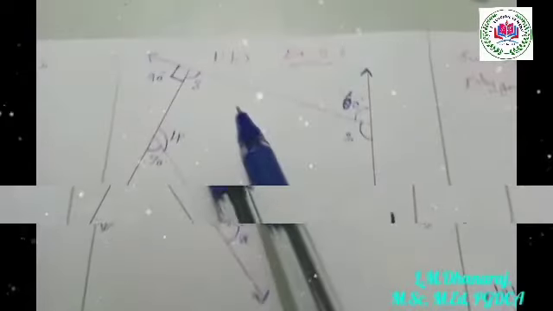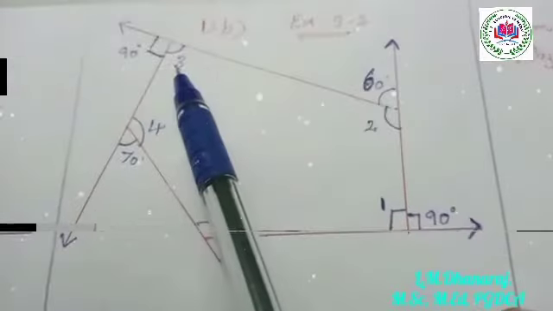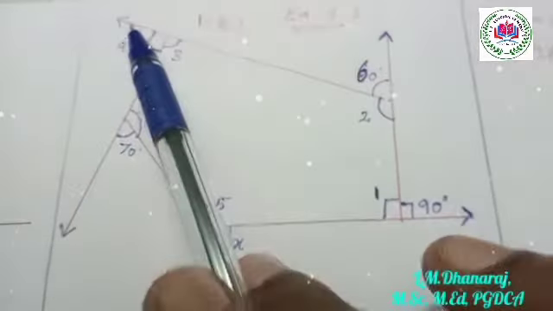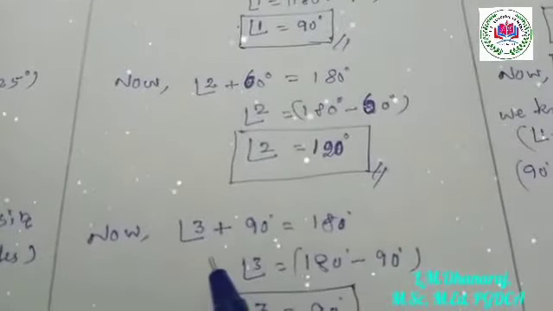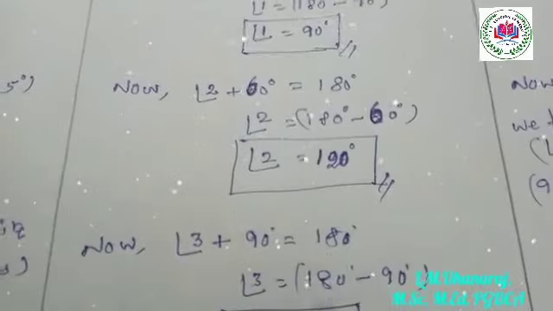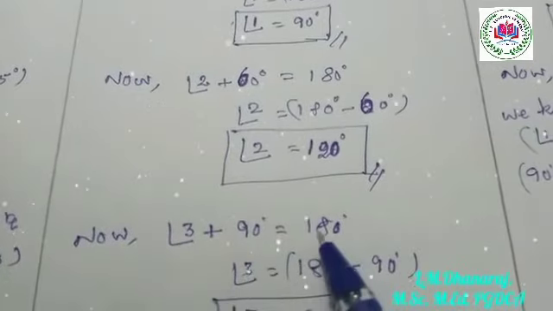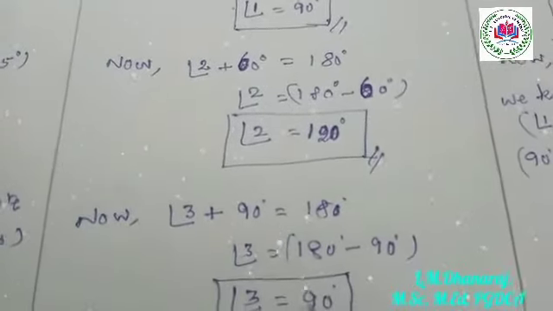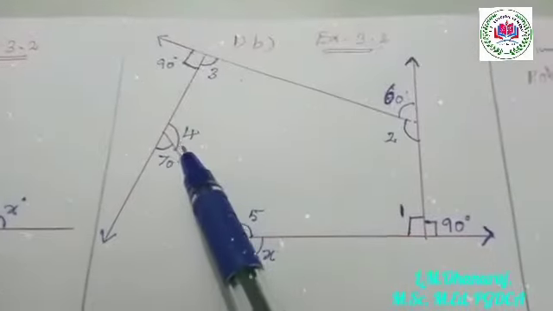Now let's move on to the third angle. So angle 3 plus 90 degrees is equal to 180 because it's a straight line. So angle 3 is equal to 180 degrees minus 90 degrees, which is equal to 90 degrees. Now let us move on to the fourth angle.